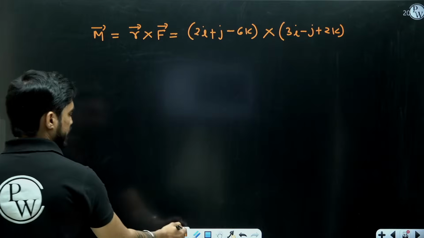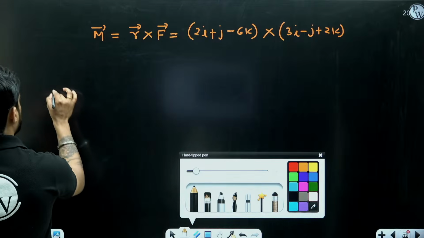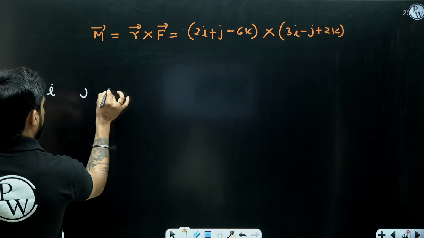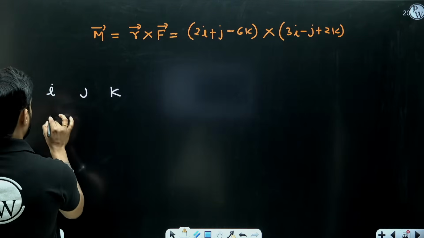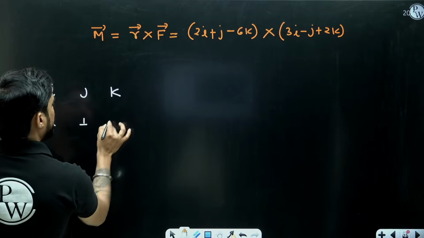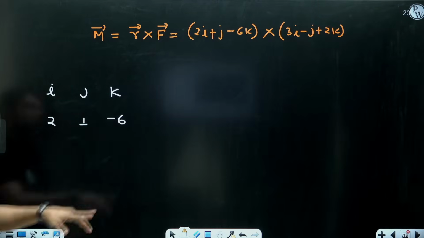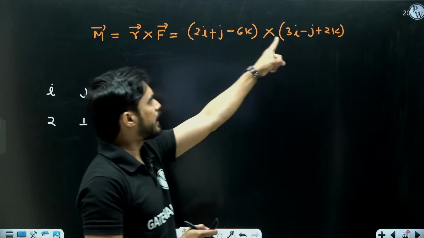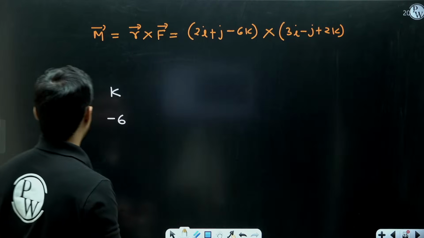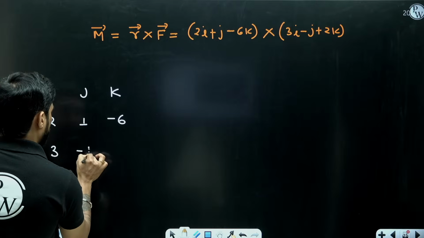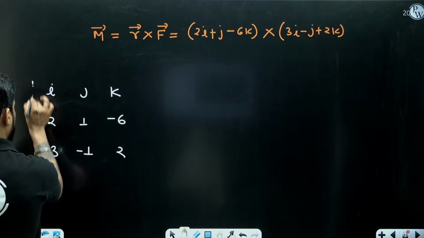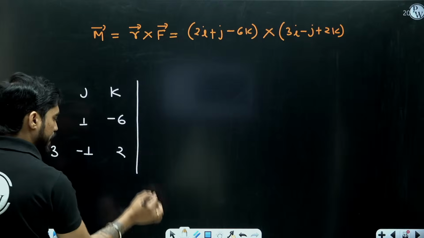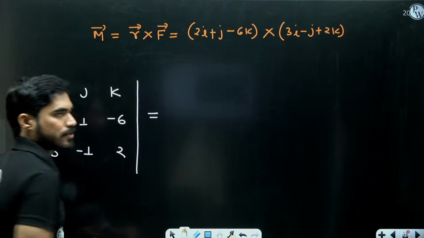Now how to find the cross product, beta? i, j, k. 2, 1, minus 6. Then 3, minus 1, 2. Now understand this if you have not understood last time.